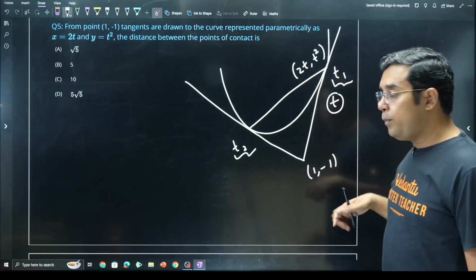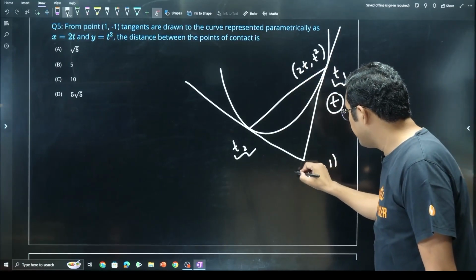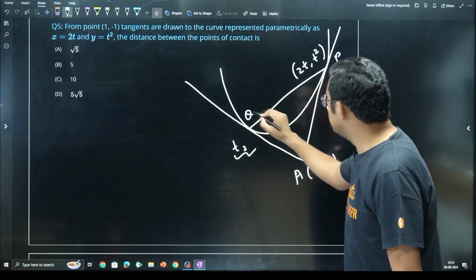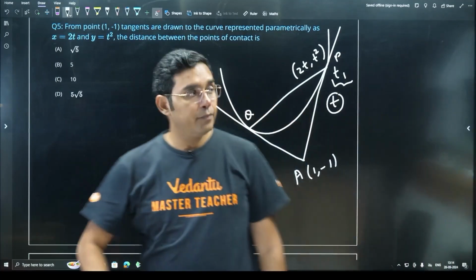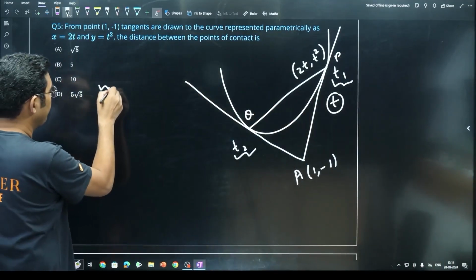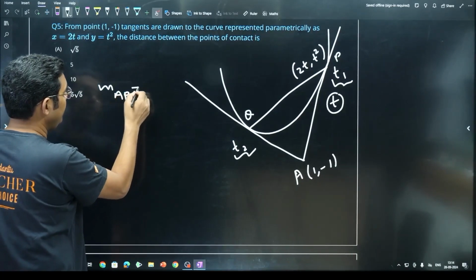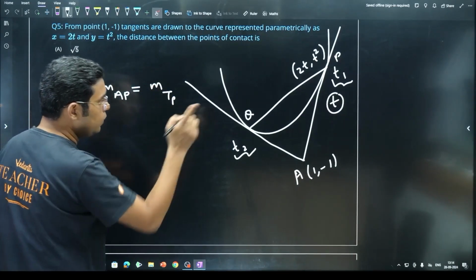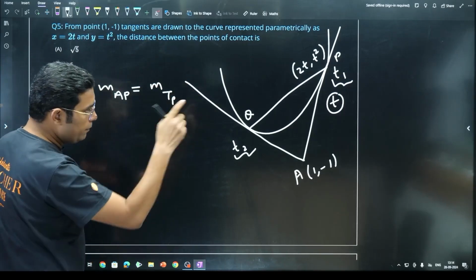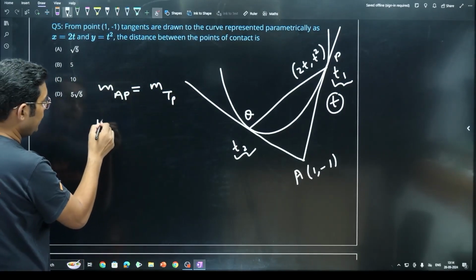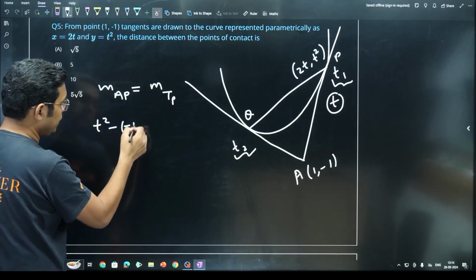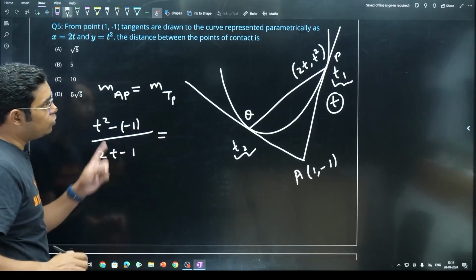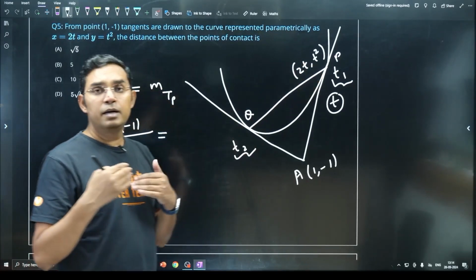So the slope of line joining this A, let's say, and this is P, let's say, and this is Q, let us say. So slope of AP will be equal to the tangent at P. Okay, now slope of AP would be (t square minus 1) upon (2t minus 1), and that should be equal to the slope of tangent at P, meaning the derivative.